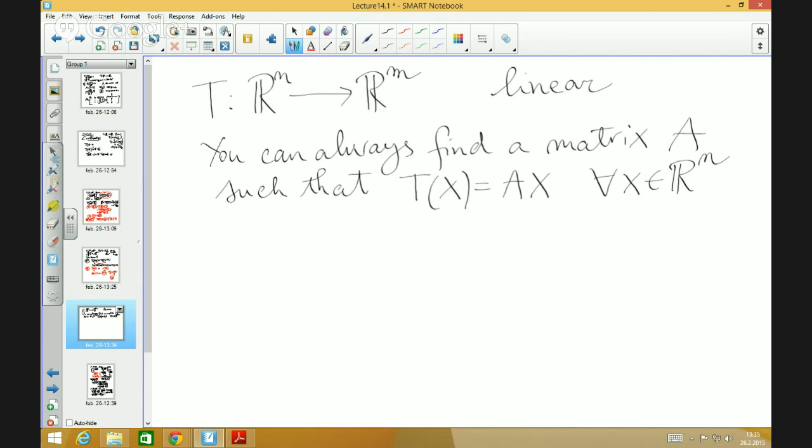Always. And in fact, there is a standard recipe that works. It's like when you bake waffles. Standard recipe, it always works if you bake waffles.